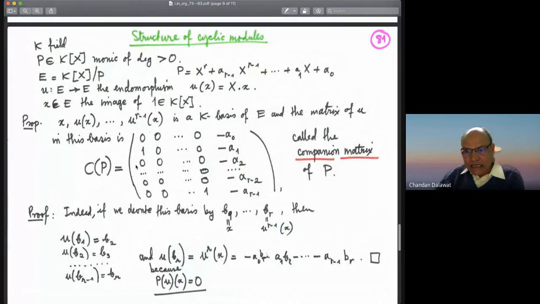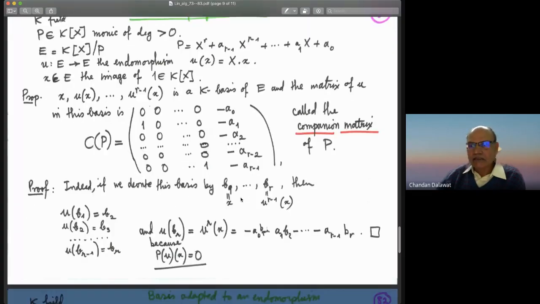You have zeros elsewhere, except in the last column, which consists of the coefficients of the polynomial P, but with the sign minus: minus a0, minus a1, all the way up to minus a_(r-1).